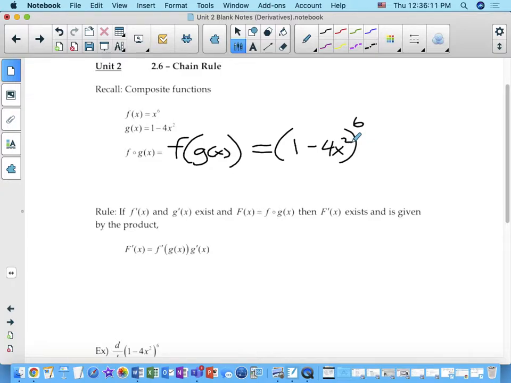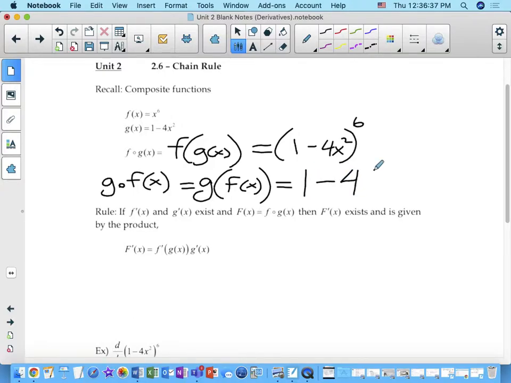Okay, now we could also try doing this. g of f of x, that would be g of f of x. Okay, and now what we're going to do is write out g of x. So that's 1 minus 4x squared.